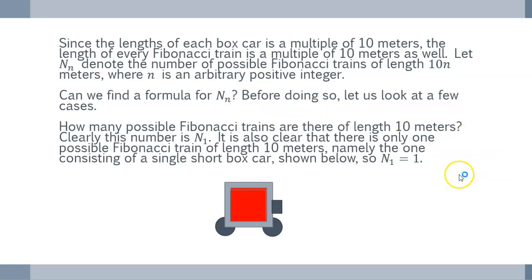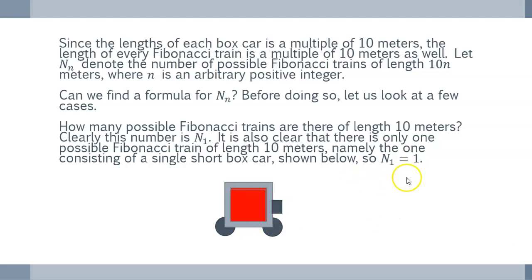But before doing that, let's look at a few simple cases. The simplest case is little n equals 1. Suppose we want to know how many Fibonacci trains there are of length 10 meters. That's capital N sub 1. Well, in this case, it's pretty obvious. A Fibonacci train of length 10 meters can only consist of one short boxcar.